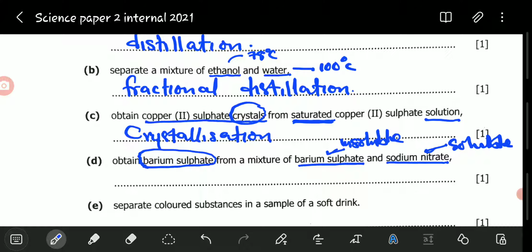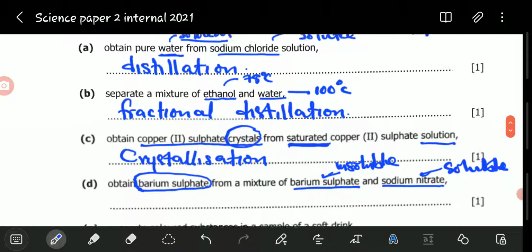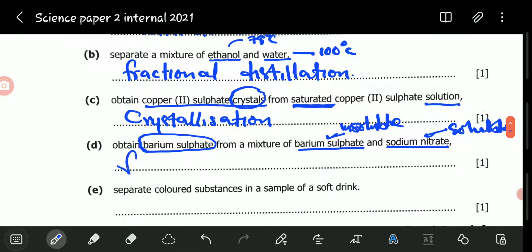So filtering leads us to a separation technique called filtration. We will use filtration to separate barium sulfate from sodium nitrate.